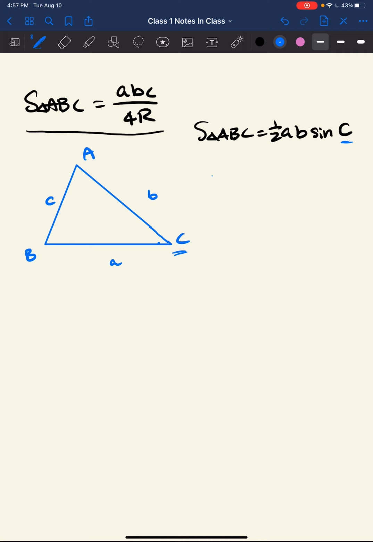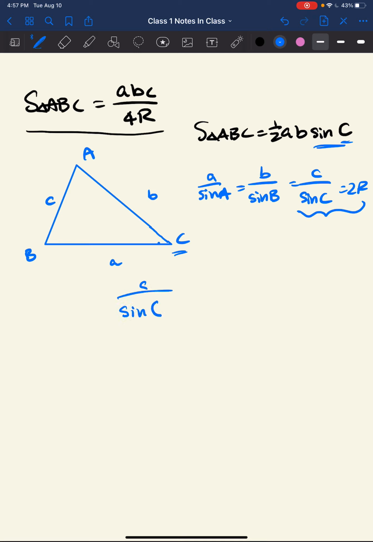We know that A over sine A equals B over sine B equals C over sine C equals 2R, right? And we want to know what sine C is, so we can just use the last bit of this formula. So C, sorry for the confusion if you're confused which C is the big one and which C is the small one. The upper one is the small one, the lower one is the big one, which indicates the angle. So C over sine C equals 2R.